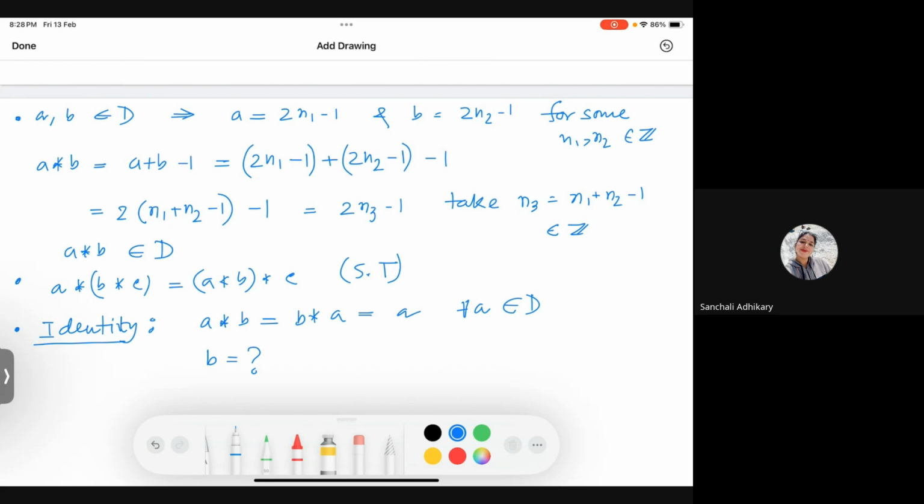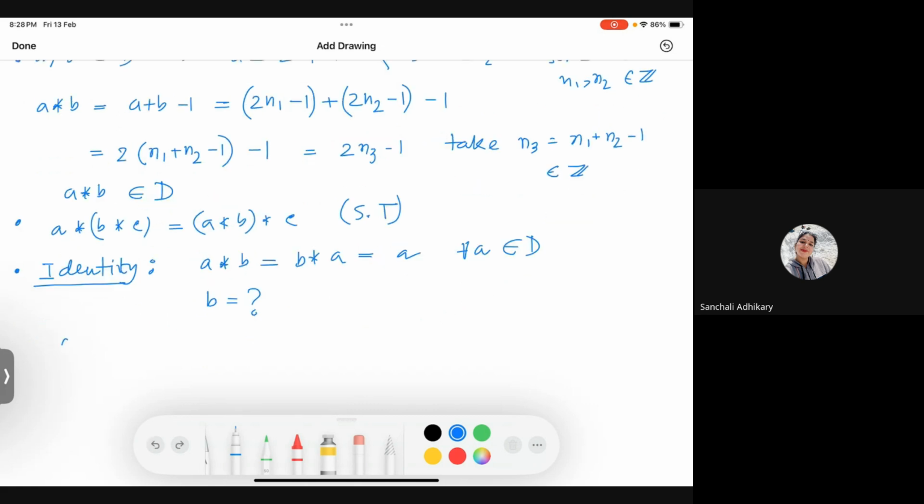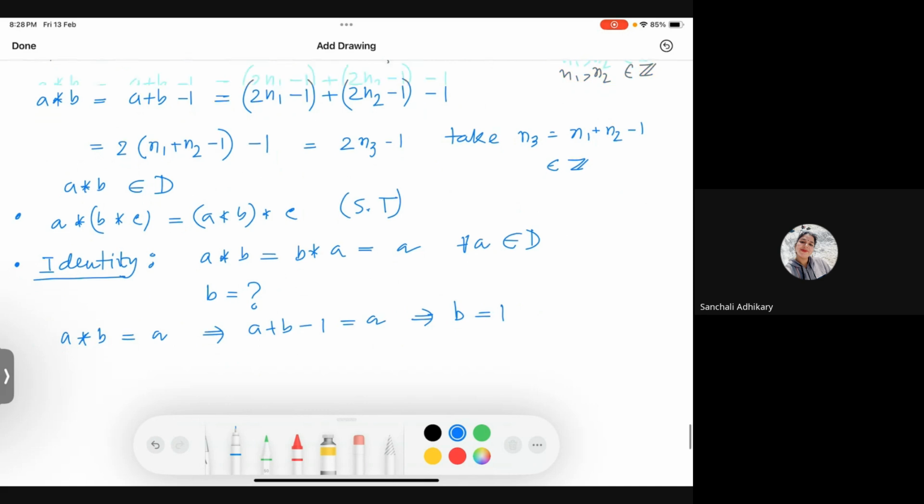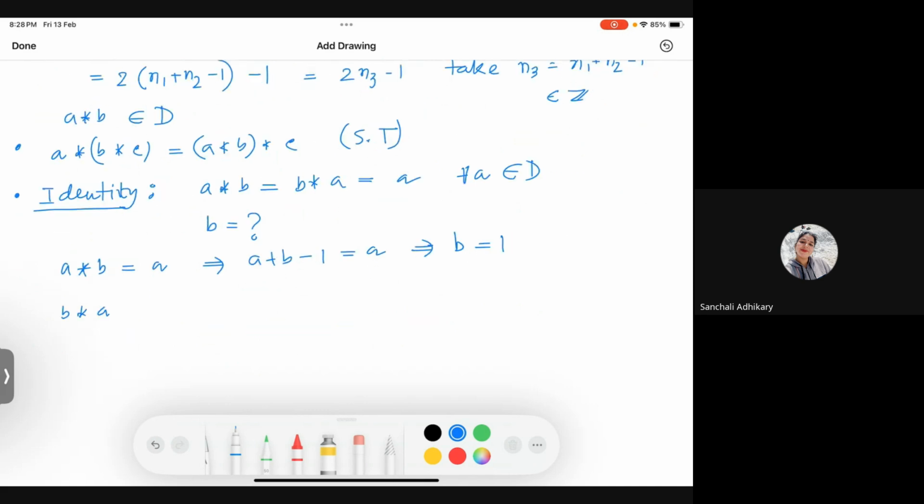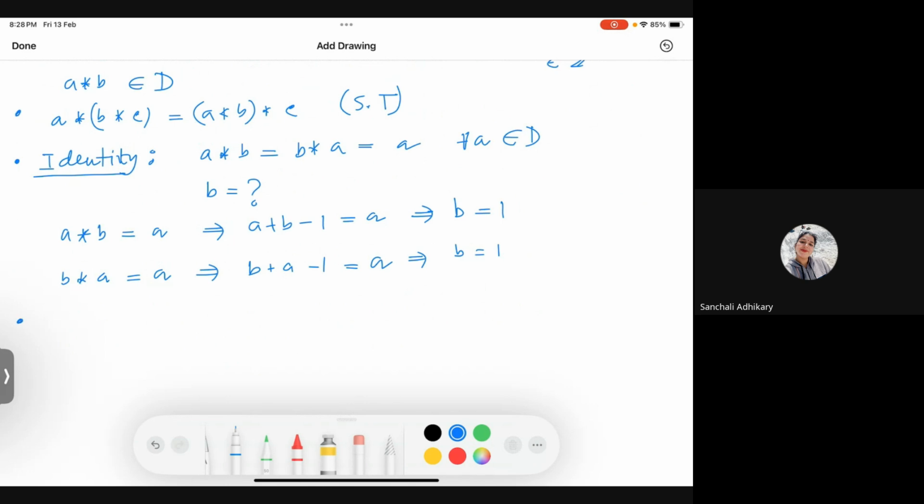For which B this holds. So A star B is equal to A. It means A plus B minus 1 is equal to A. It will imply B is equal to 1. And similarly, from here also you will get B is equal to 1. So 1 is the identity, okay? You need to show it for both sides. So this is identity.